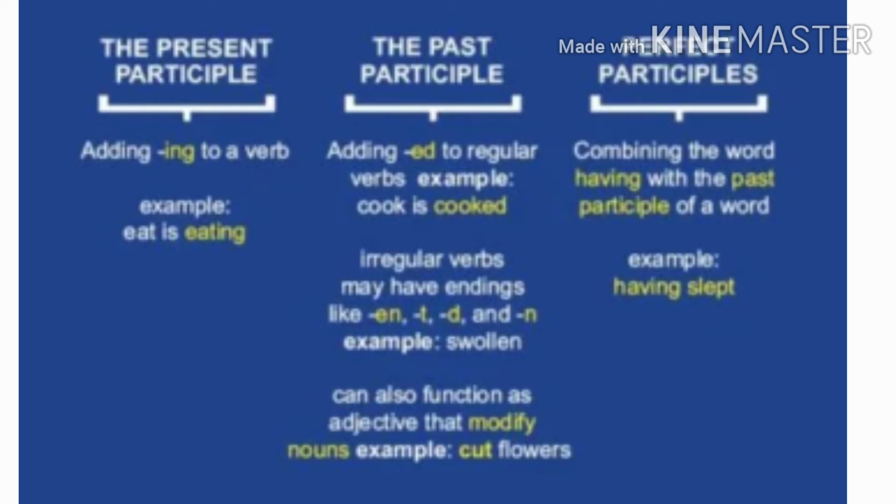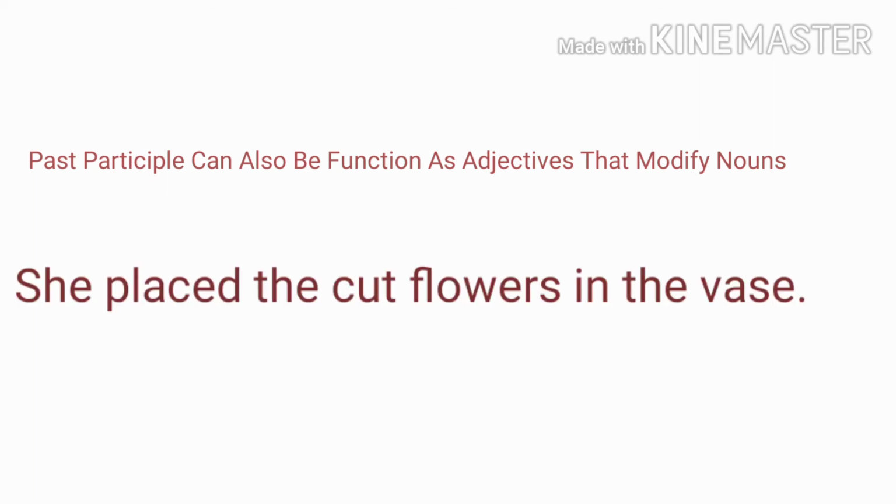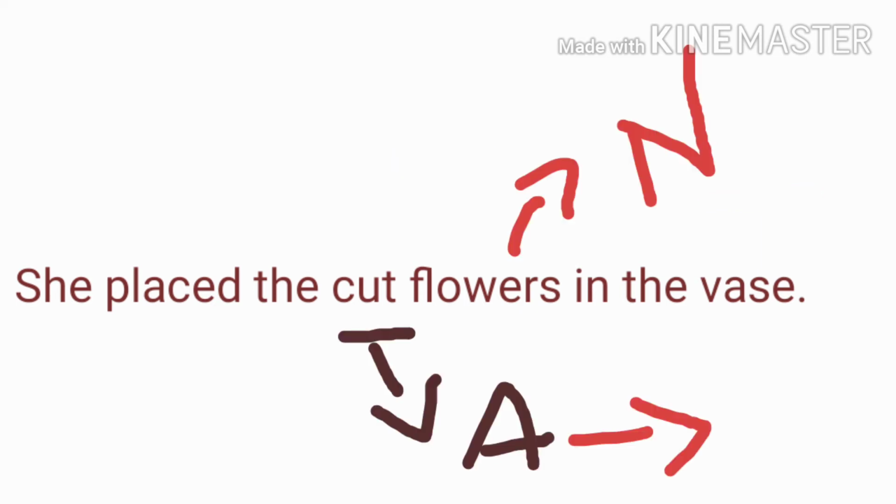Then it can also function as an adjective. So the past participle can also function as an adjective. So what does an adjective modify? It modifies nouns. For example, cut flowers. Here cut is the adjective. Then perfect participle.